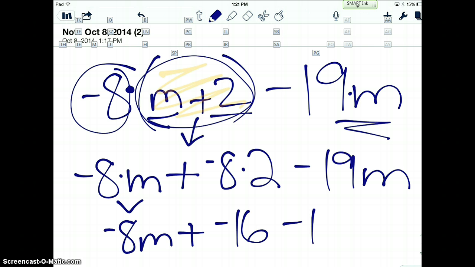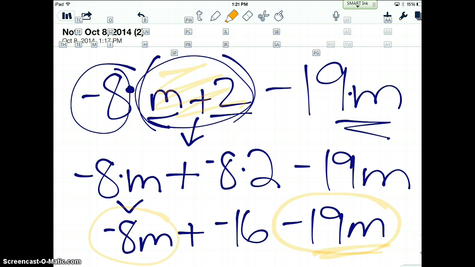And then minus 19m. And I'm not done yet because I can see I have like terms. I have -8m's here, and I have a certain amount of m's over here. And what you have to take note of is that this subtraction also represents a negative. So this is really -19m and -8m.